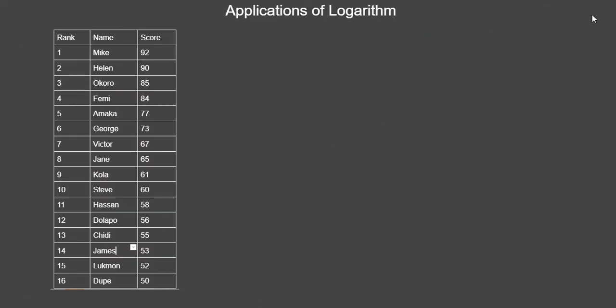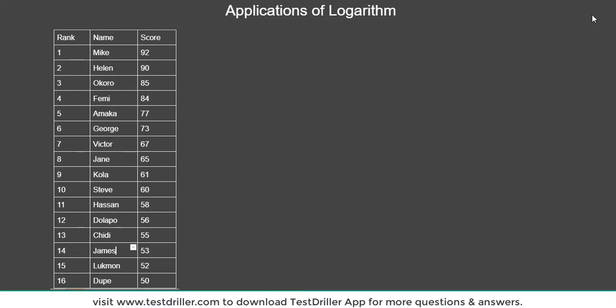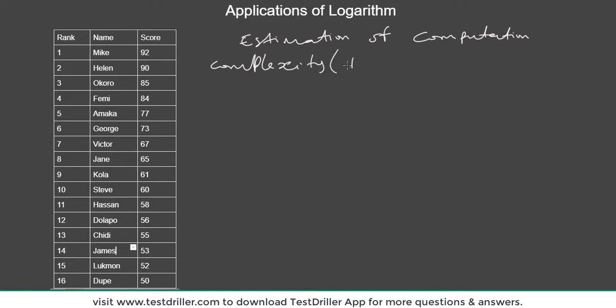The second application of logarithm, especially in the world of computer science, is the estimation of the computational complexity, or you can call it in a simpler form, computational time of binary search.